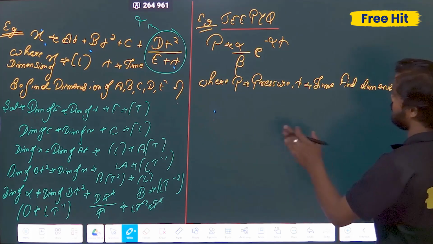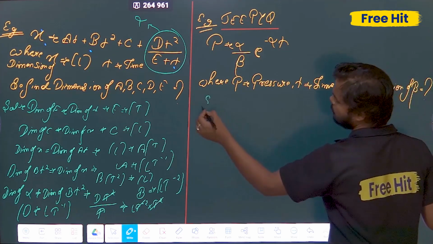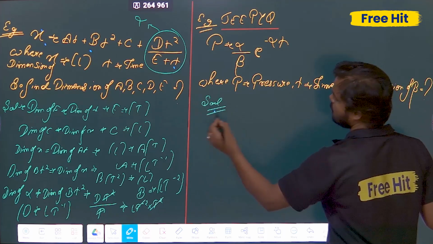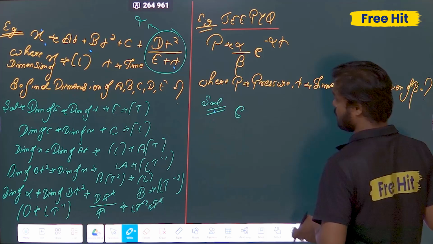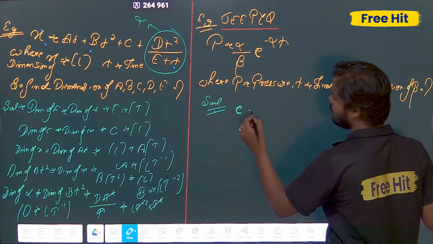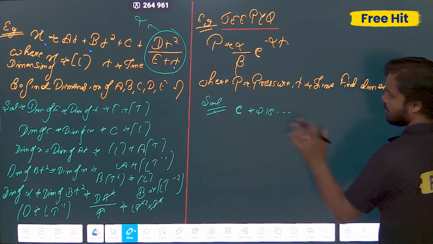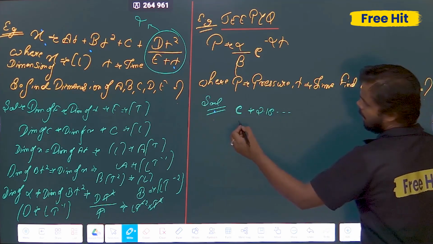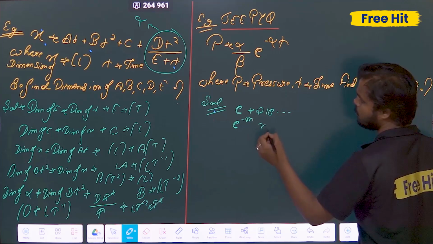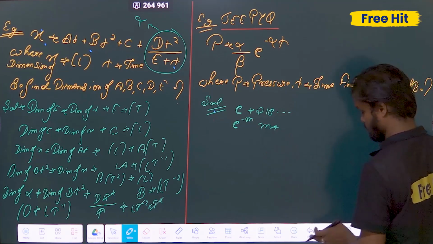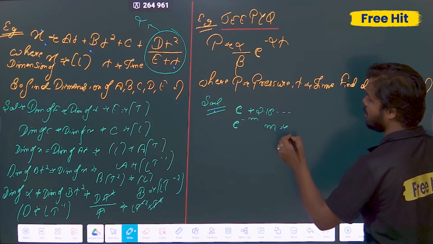Okay, now the next thing, this is a JEE question. See, for that you have to remember the approach. Whenever there is an E, E is basically a number whose value is fixed, that is 2.18 something like that. This is a fixed number. So if any number has some power m, this m should be dimensionless.